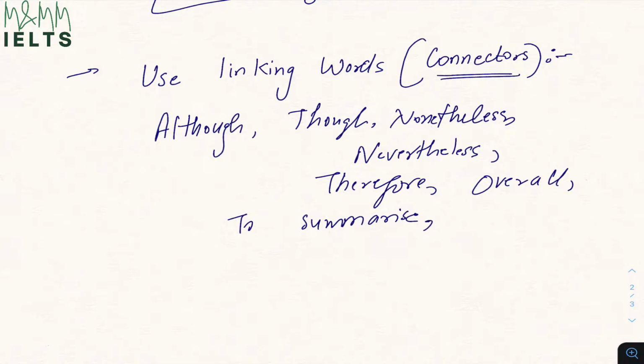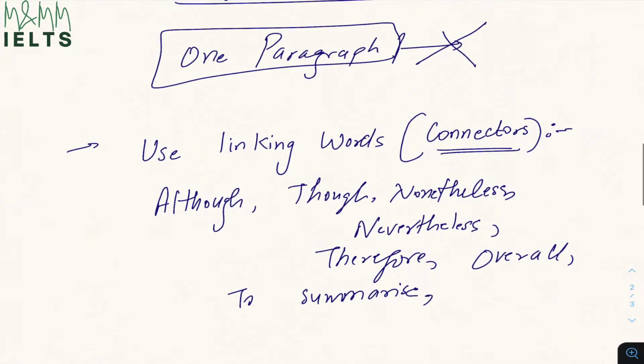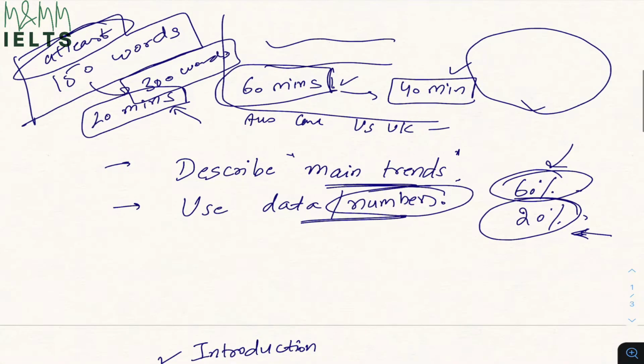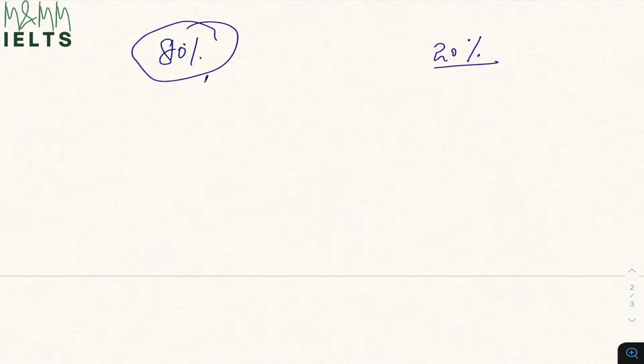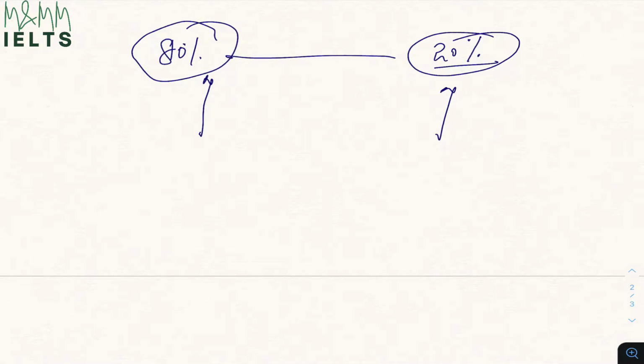Now because you would be picking up the main trends, if you go back to my sentence where I said you have to describe the main trends, let's say something was 80% and then something was 20%. So something increased to 80% from 20%. That was a big jump.